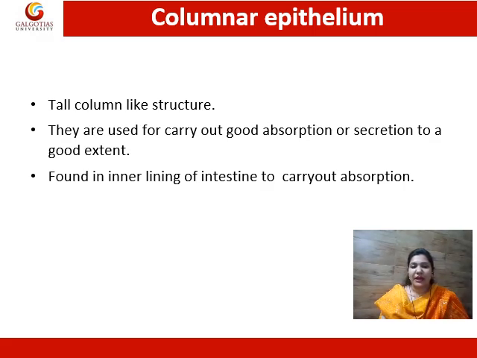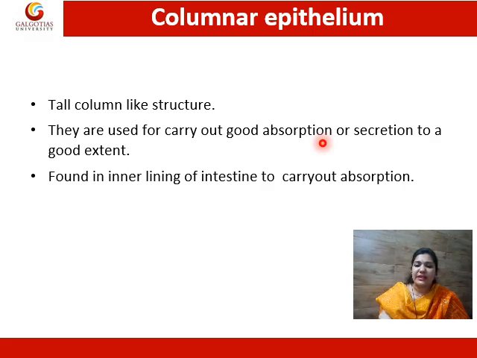Next is columnar epithelium. The columnar epithelium has a tall column-like structure arrangement. The cell shape is like a column. They are used to carry out good absorption and secretion. The column-like structure provides more area to carry out good absorption.